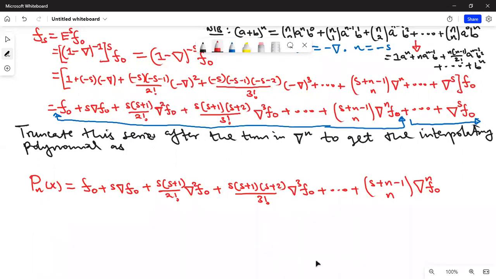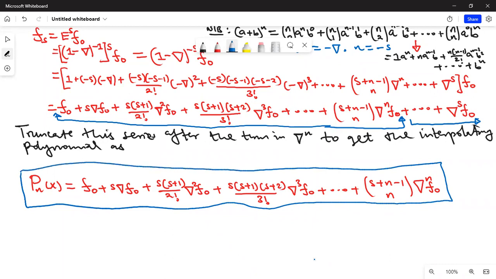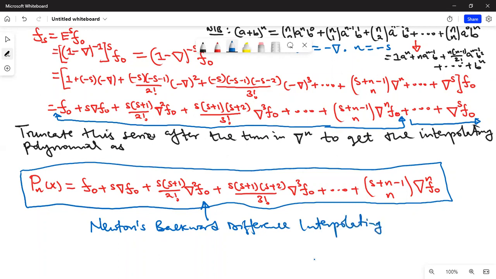So let me bracket this polynomial and comment on it. You see, this is a polynomial of degree n in the new variable s, and even in the backward difference operator. So this polynomial is called the Newton's backward difference interpolating polynomial.